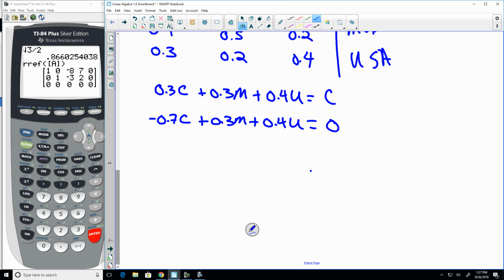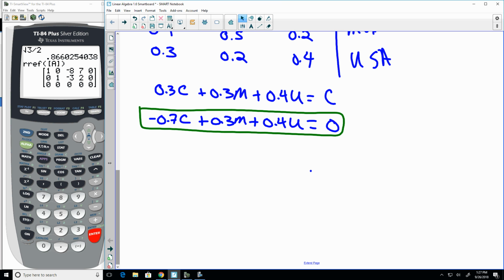So there's one equation that we're going to use in our system. We'll use a different color here. We'll use red. Let's do the second row.